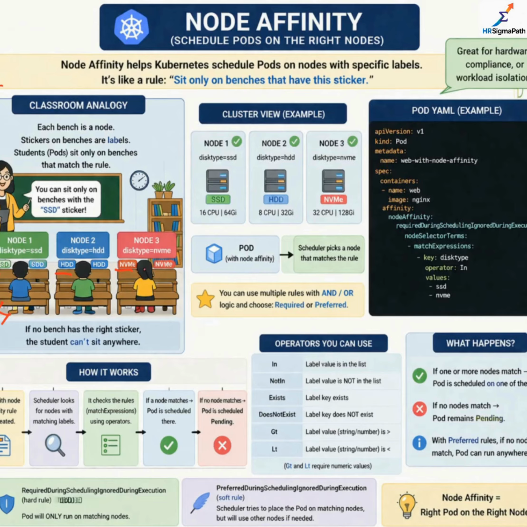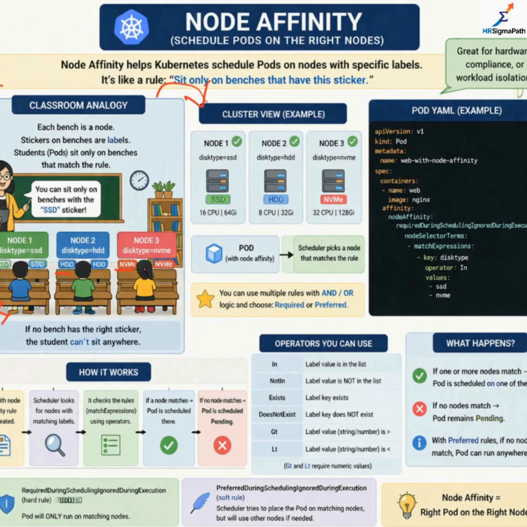Now the teacher says to only sit on benches which have SSD or NVMe stickers. Can a student sit anywhere, or only where the stickers match? No. Pods don't choose randomly. They follow some rules.